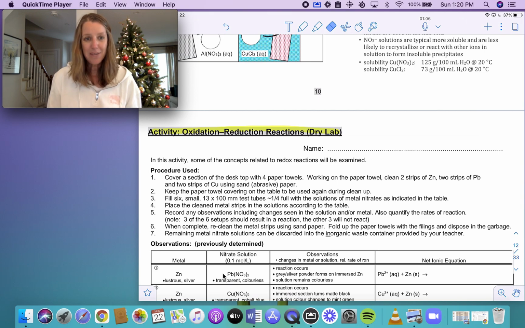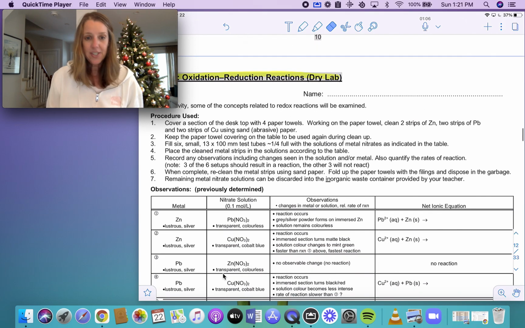Okay, so let me set it up for you. Here's what would happen if we were doing this in the lab. You're going to be taking different metals, adding them to solutions that have metal ions available in them. So basically respective nitrate solutions, because the nitrate's not going to factor into the reaction.